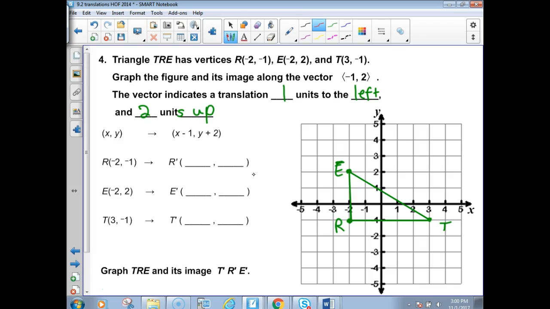Next, I'm going to translate all these points, left 1 and up 2. So I'm just going to do it, and then I'm going to fill in all those little blanks. Left 1, up 2.